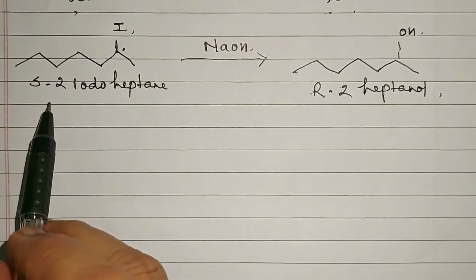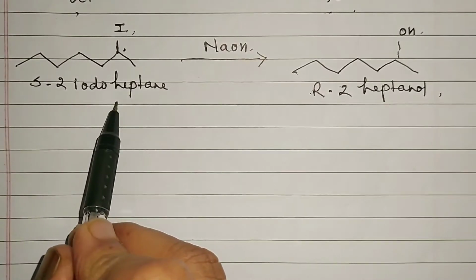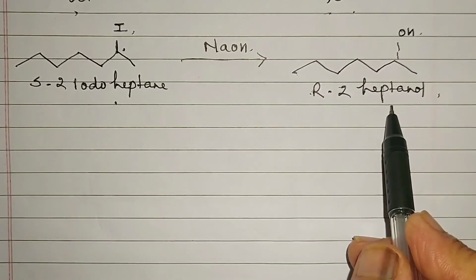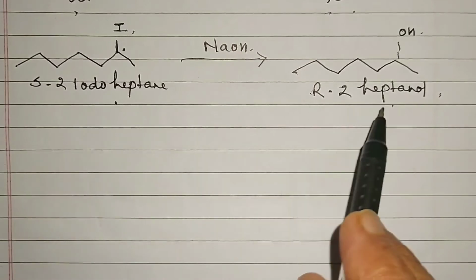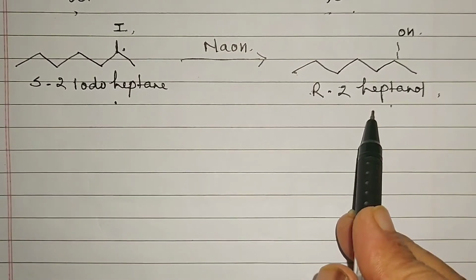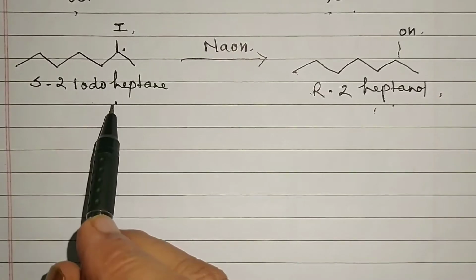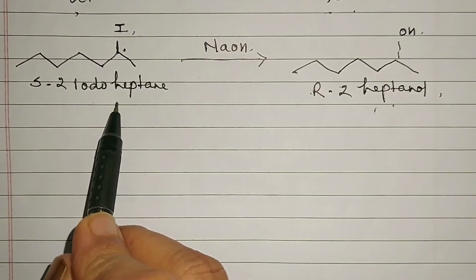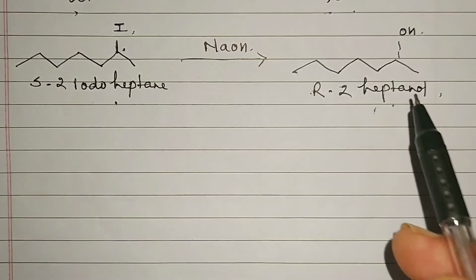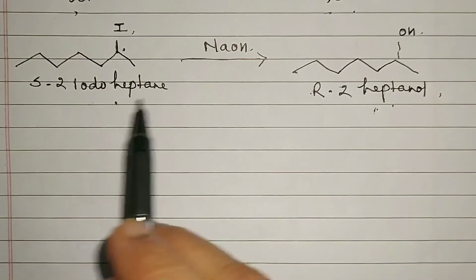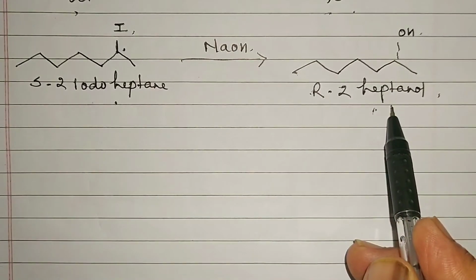This compound is S-2-iodoheptane and this one is R-2-heptanol. It means that there is inversion of configuration, but here the substrate is an alkyl halide and the product is an alcohol. So it is difficult to compare a haloalkane with an alcohol.